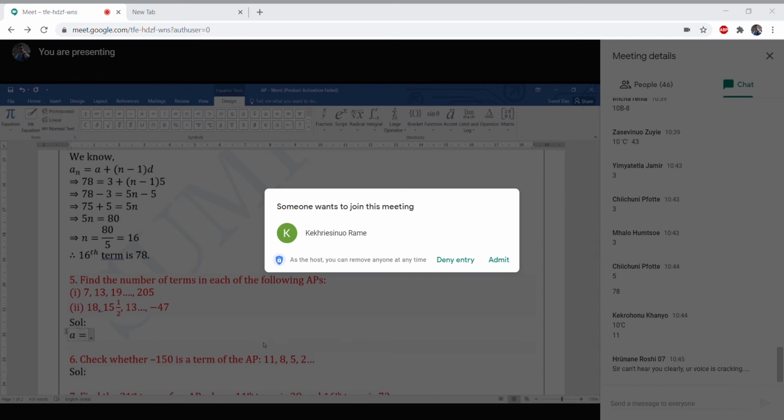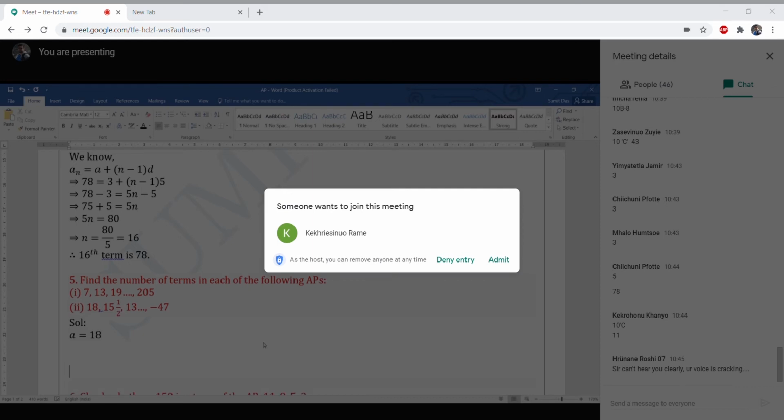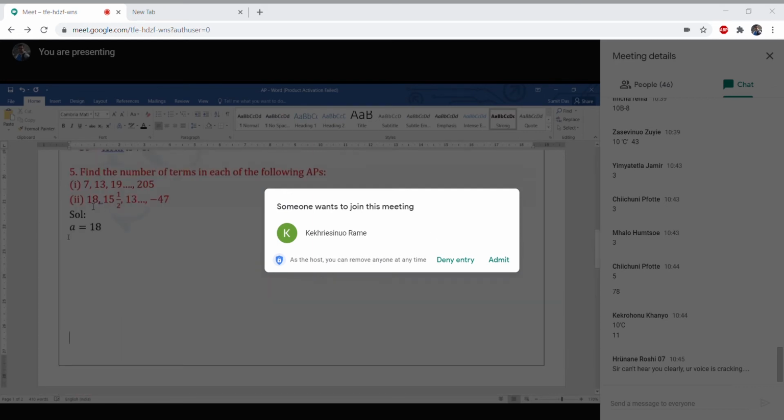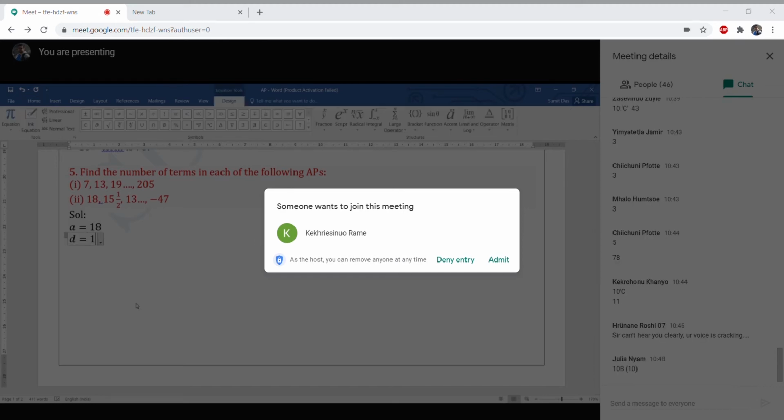a equals 18. Then the common difference d will be equal to 15 1 by 2 minus 18, which is equal to 31 by 2 minus 18. LCM will be 2, so the denominator will be 2 and the numerator 31 minus 36, which is equal to minus 5 by 2.